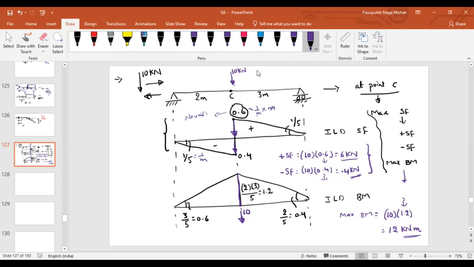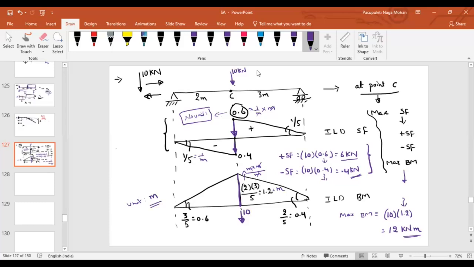For the shear force diagram, the ordinates you obtain don't have any units. But if you are talking about bending moment, whatever the unit of 2 meter, whatever the unit of 3 meter, divided by the unit of 5 meter, meter gets cancelled and you will get M.